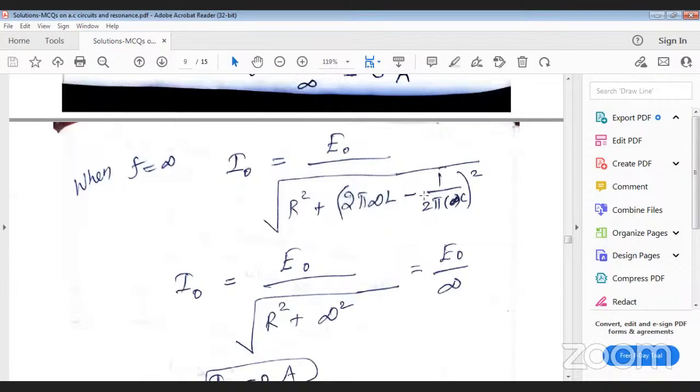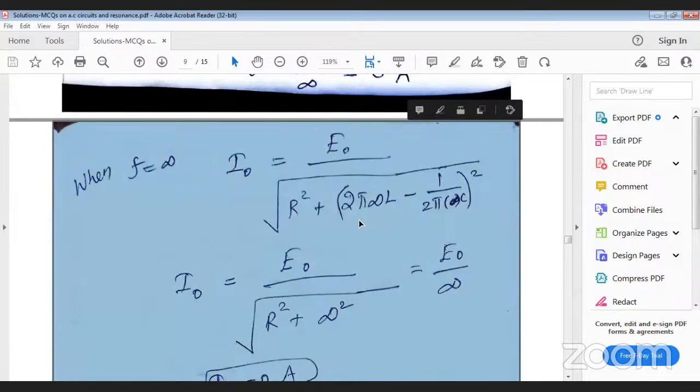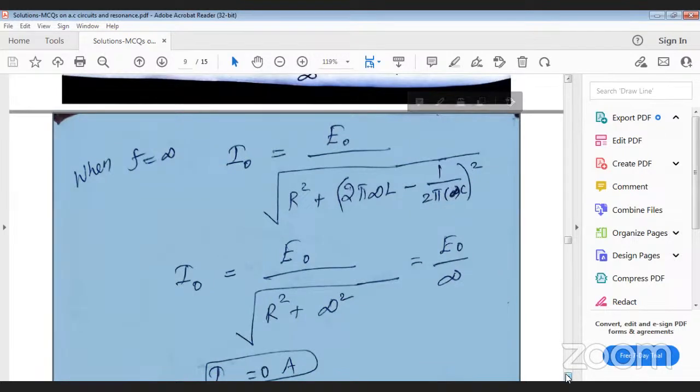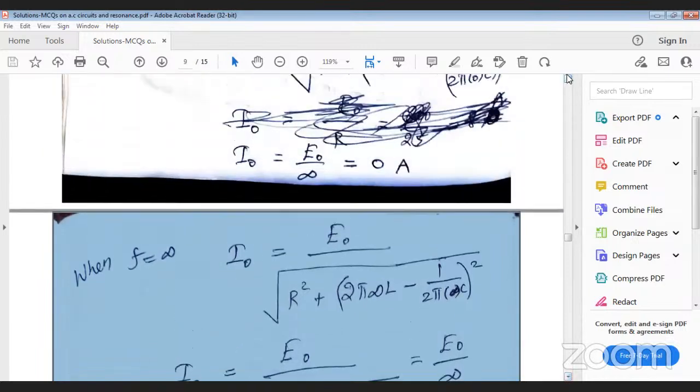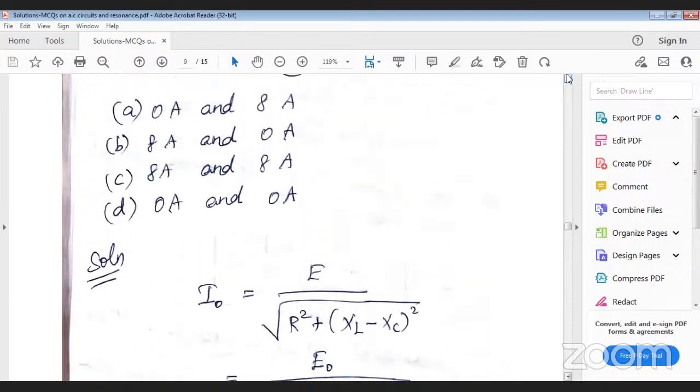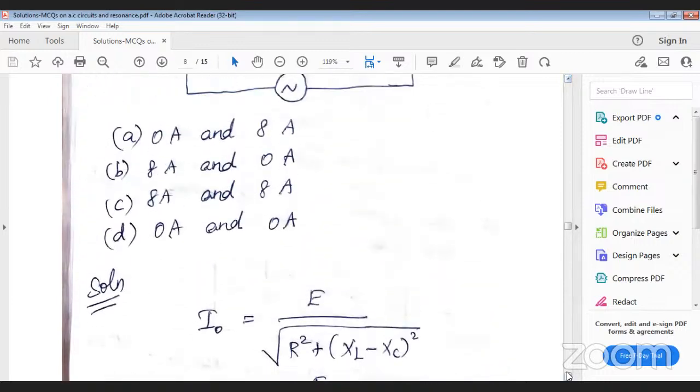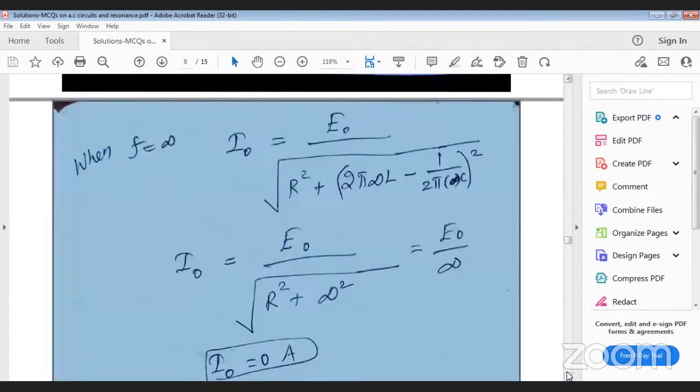And when you put infinity in the denominator, this term will become 0, because anything divided by infinity is 0. So this term becomes 0, but the other term is infinity. So infinity squared plus R squared is once again infinity. So E naught by infinity will be 0. So in both cases, your current is 0 ampere. So option D, 0 ampere and 0 ampere.